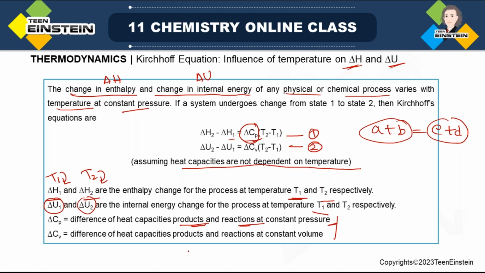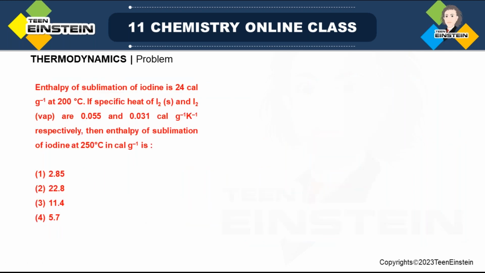Similarly, del Cv is also the difference of heat capacities of products and reactants at constant volume. Okay, so these are the significance of all these four quantities: del H and del Cp, then del Cv, del U, and del T. So this is the Kirchhoff equation, and based on the Kirchhoff equation, if we solve this problem, it will be clear.